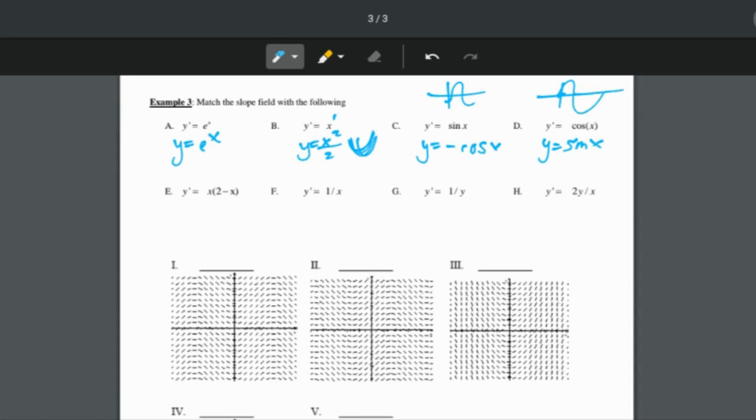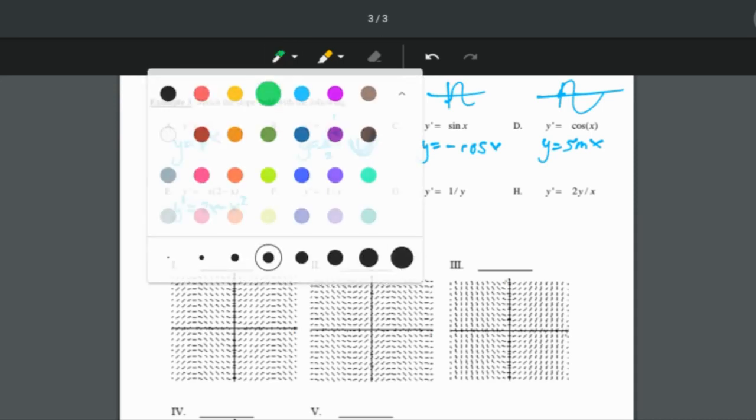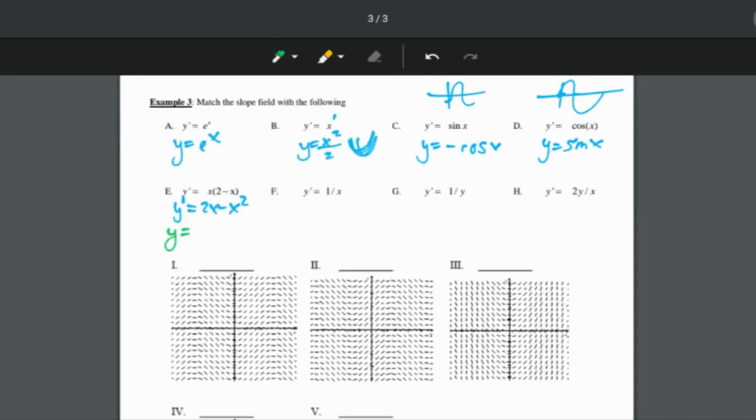This next one, I would multiply that out first before you try to think backwards. That's 2x minus x squared. So if we were thinking, what's the antiderivative of that for our original? Since this is x to the first right here, you add 1 to your exponent, divide by that number, minus x to the third over 3.